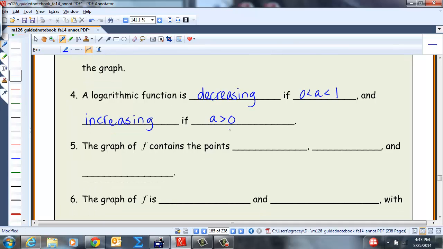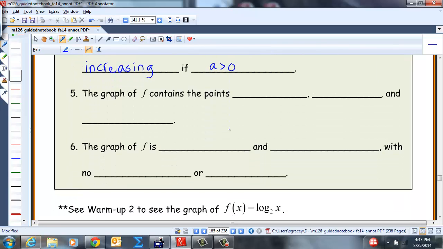The graph of f contains the points (1, 0), (a, 1), and (1 over a, negative 1). And the graph of f is smooth and continuous with no corners or gaps.